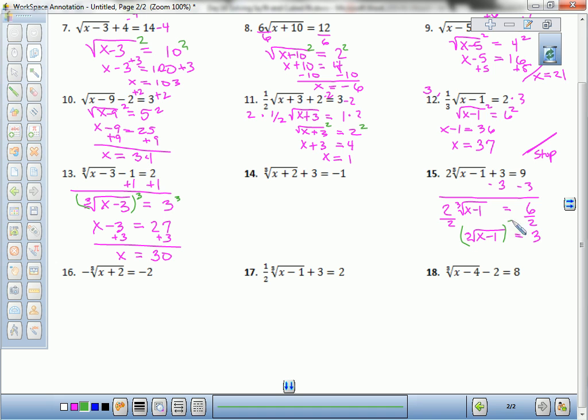This is the cubed root, so I have to cube. Once again, I have 3 cubed, and it's still 27. So when I add 1 to both sides, I get x equals 28. Okay, so I would like you to try 14, 16, 17, and 18. And once again, it's okay to have a negative. Negatives are okay now with cubed roots.